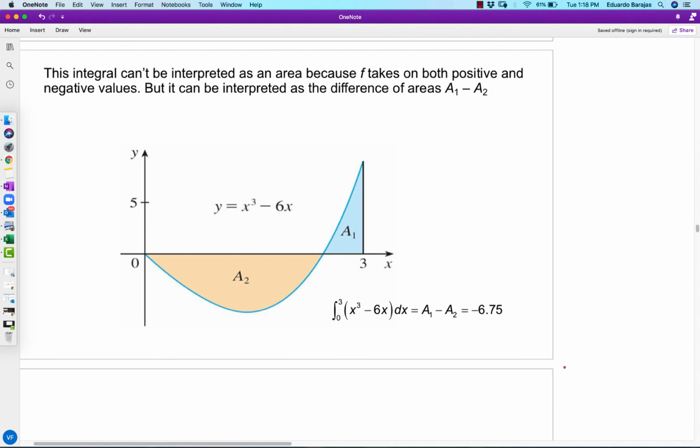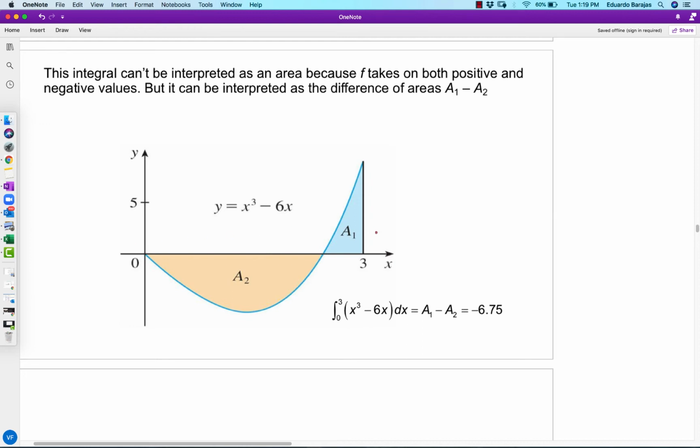Here's our nice graphic to visually represent what we just did. The integral from 0 to 3 of our function, x cubed minus 6x. Remember, the function is going to be negative for a little while and then positive. So for a portion of it, we're going to get negative values when we find the integral, and then for a portion of it, we get positives.